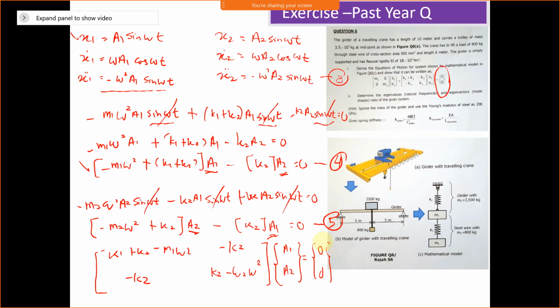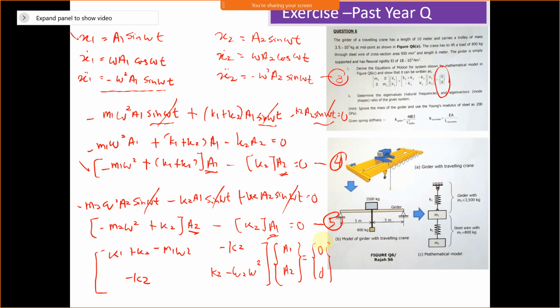Okay, so far faham general derivation of equation untuk kita dapatkan dia macam ni. Ada soalan setakat tu? Tak ada. Alright, next.